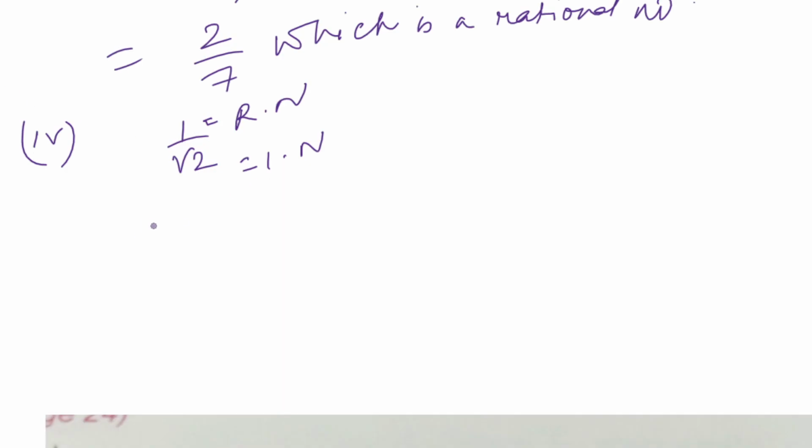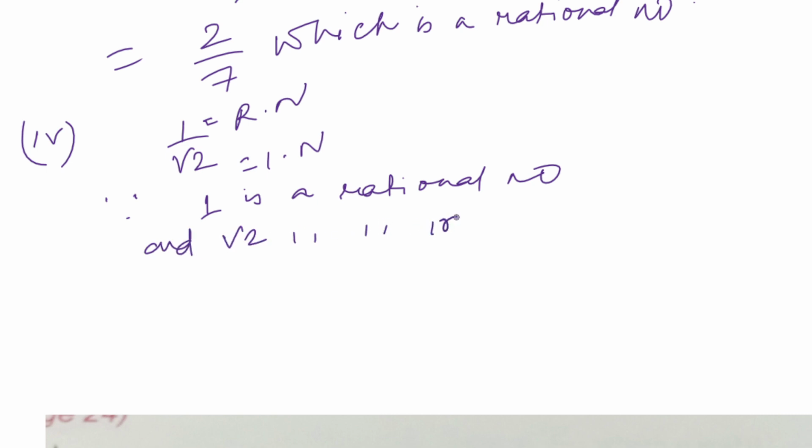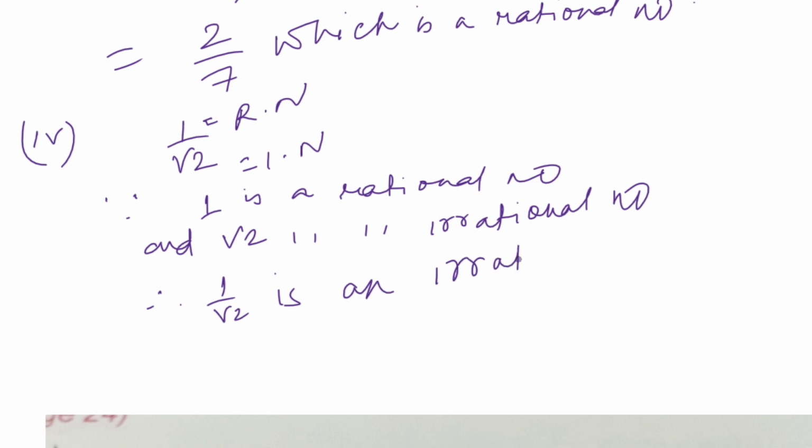Since 1 is a rational number and root 2 is an irrational number, therefore what is 1 by root 2? 1 by root 2 is an irrational number.